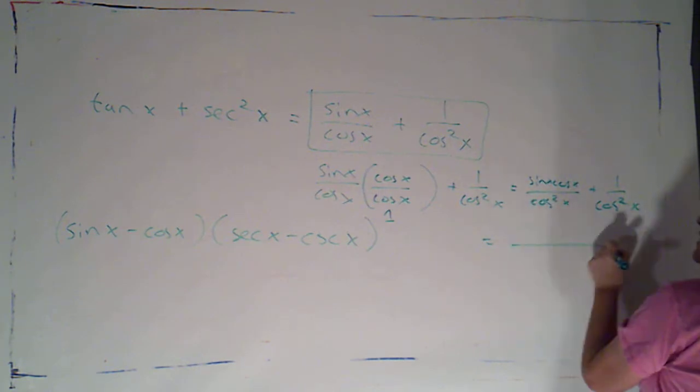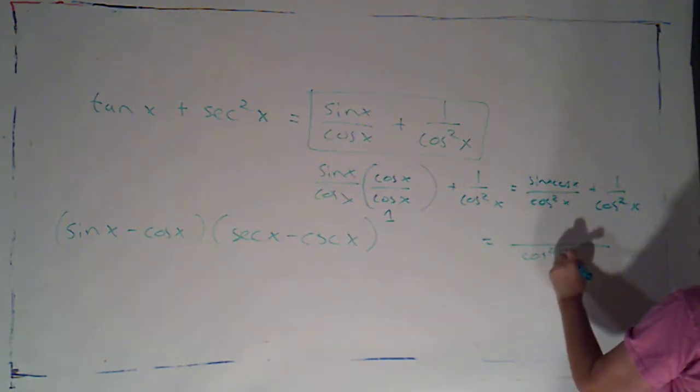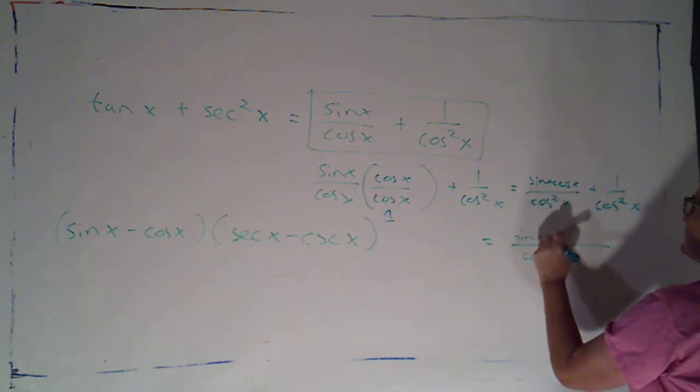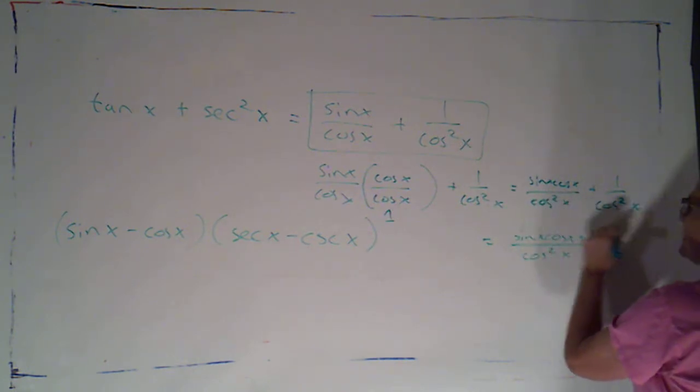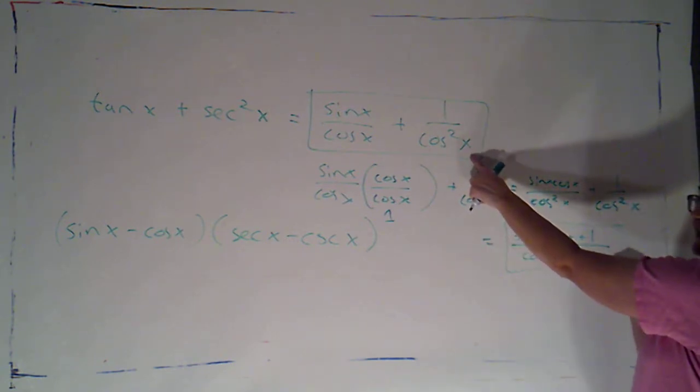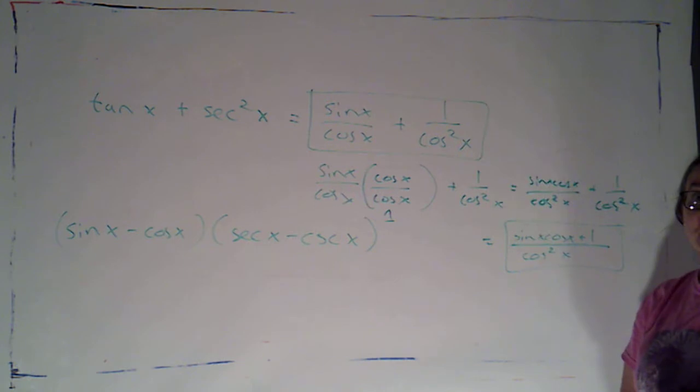So that I can now write as one fraction with that common denominator of cosine squared x. And that's sine x cosine x plus 1 all over cosine squared x. These are both acceptable answers to that first question.